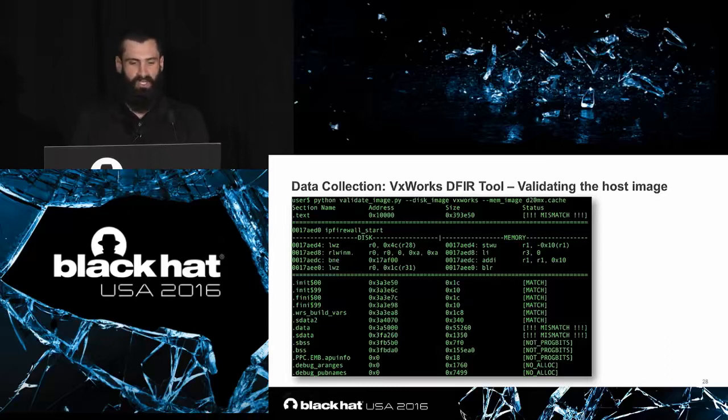So as you can see, we've identified a routine that's been modified, it's actually a return 0 at the beginning of IP firewall start. And so you can see the other sections matched, data mismatched, but that's because of live running memory. We've got sections that aren't even loaded into memory and we don't even care about whether they match or not.